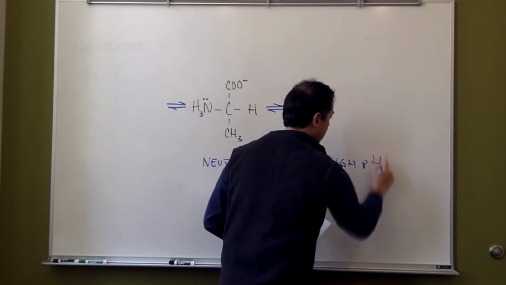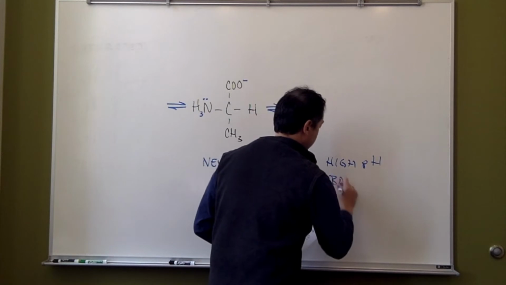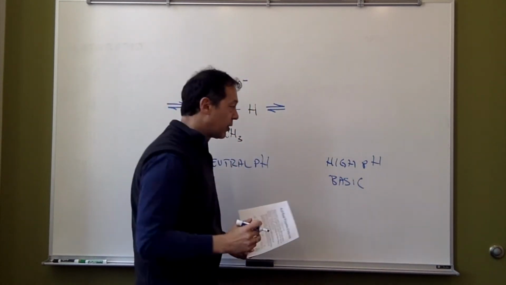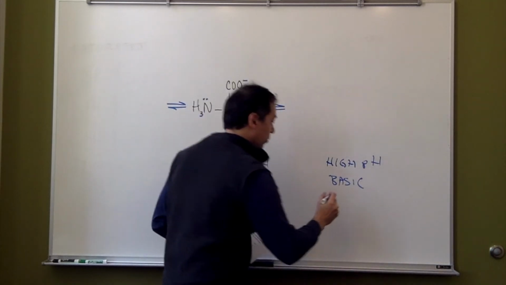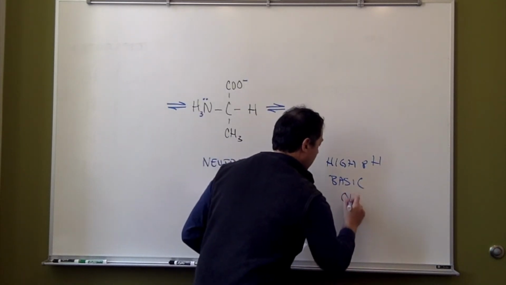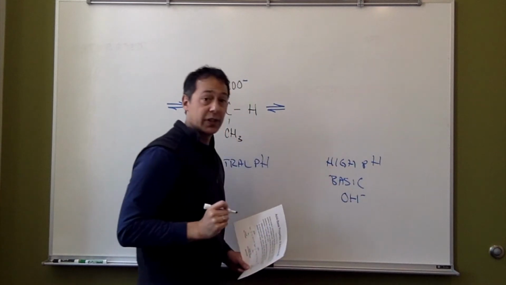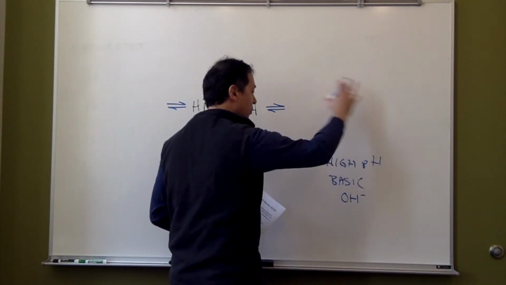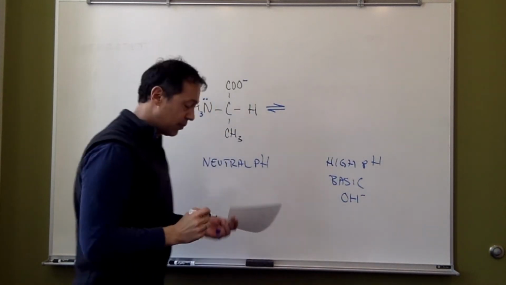High pH, basic. It's a basic solution, and one way to think about this is maybe that we have lots of hydroxide ions. That would help us then to see that we have a very basic solution or a high pH.